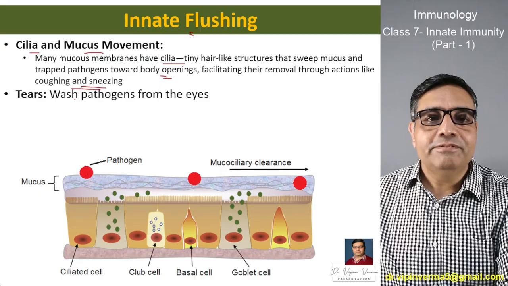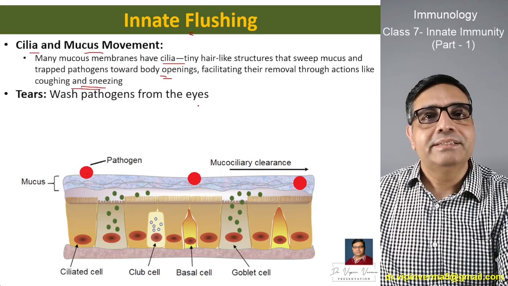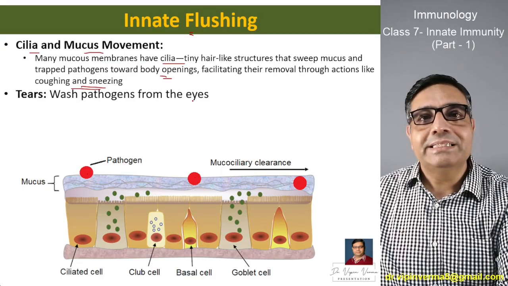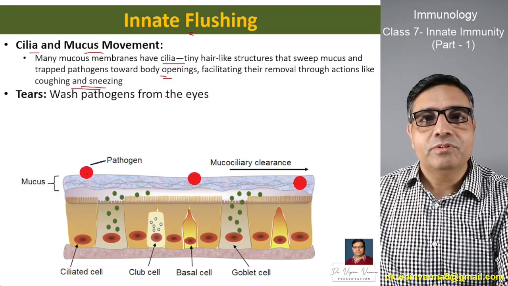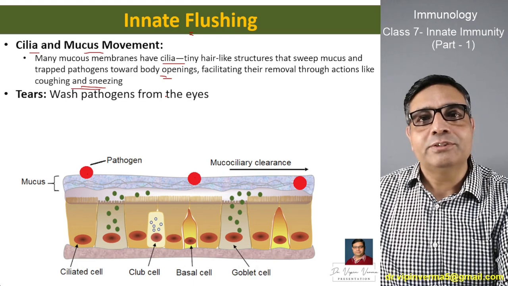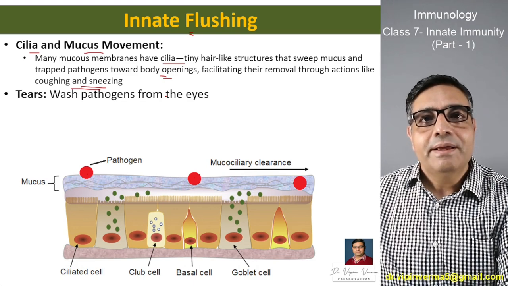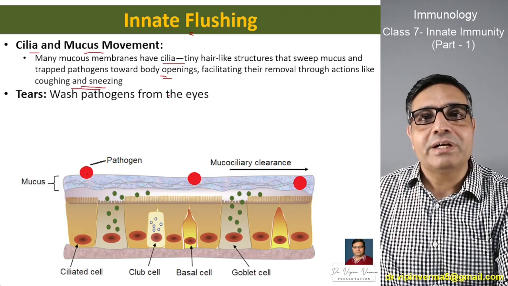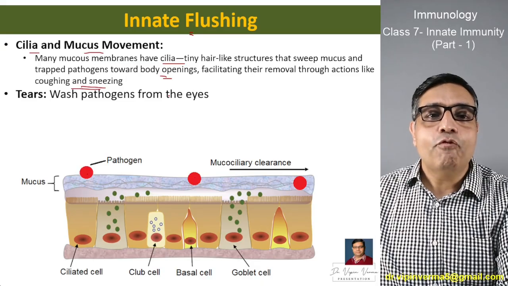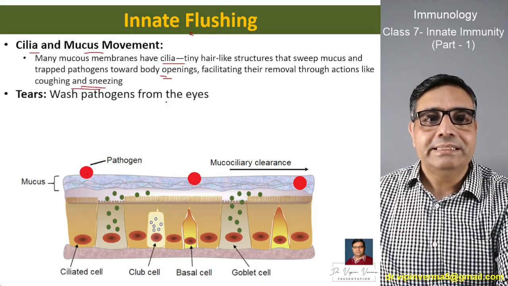Then we have the tears, which wash pathogens from the eyes. Because our eyes are exposed to the environment, they get millions of pathogens or particles or dust, but that does not hamper our vision, because our eyes are always moist with tears, and these tears wash the pathogens from the eyes.